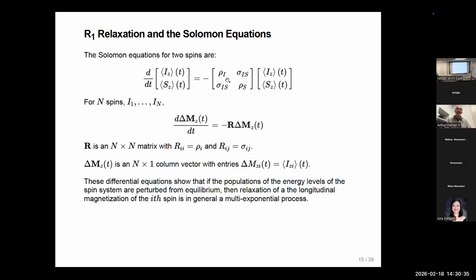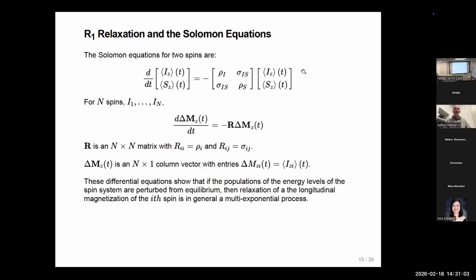At that point, the solution to this equation, which is somewhere in the notes that I skipped, ends with pure R1 relaxation. That's the only time dependence left. But you go to a steady state, you don't go to Boltzmann equilibrium. I'll have to fix this in the notes. This has been there for a very long time.